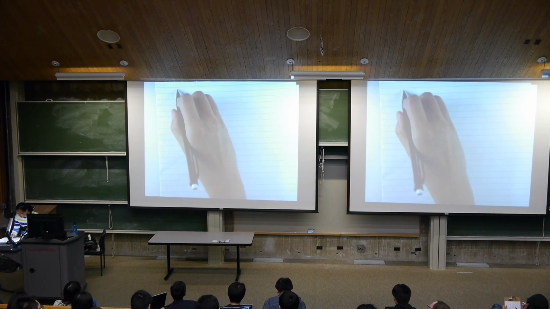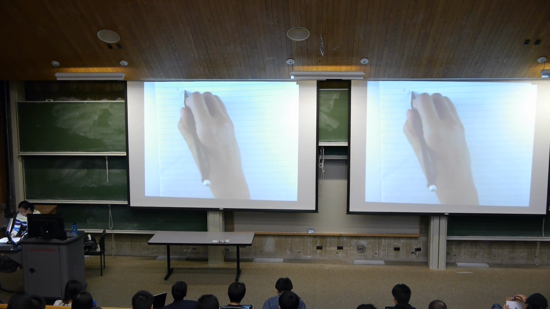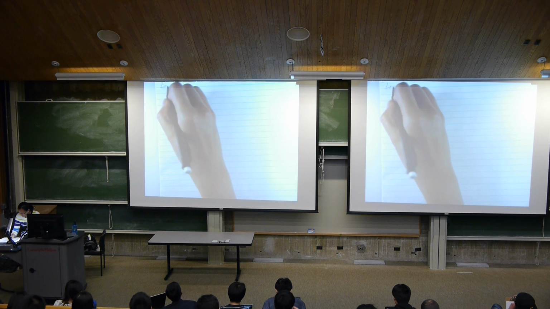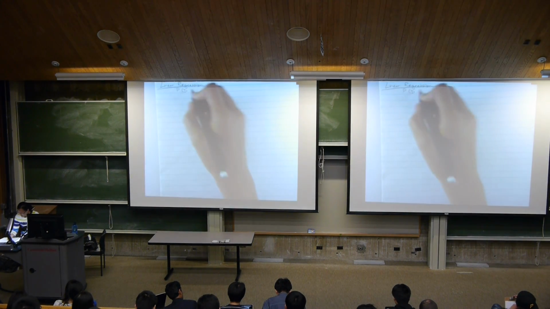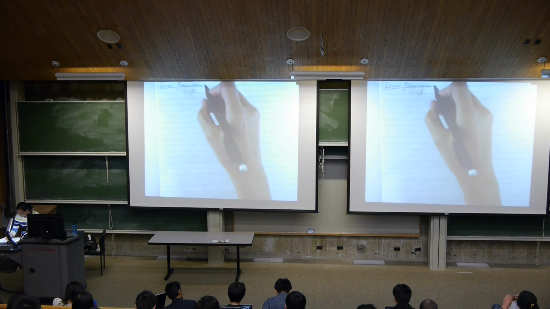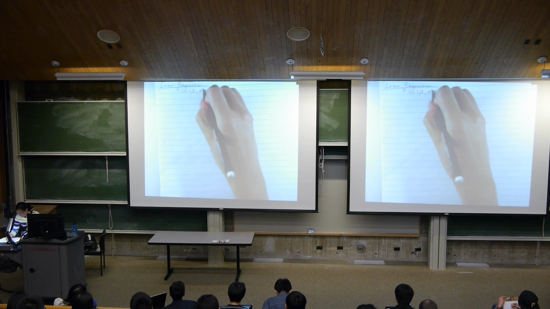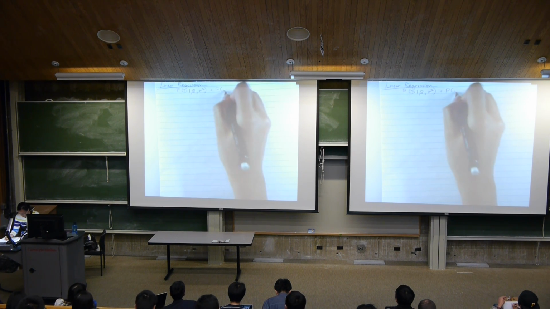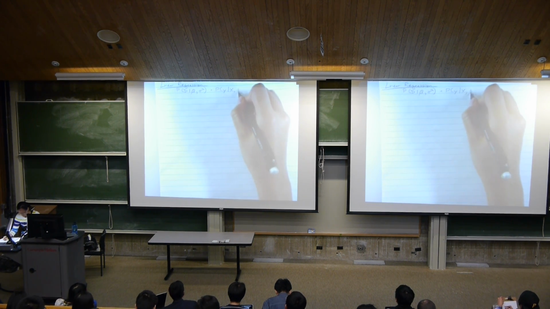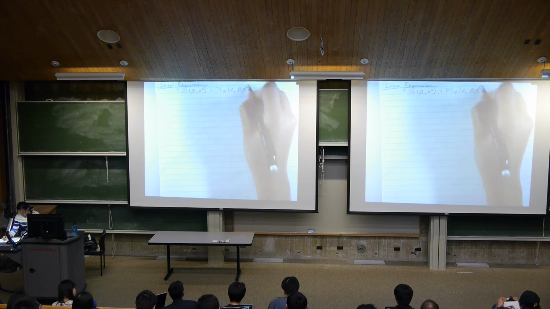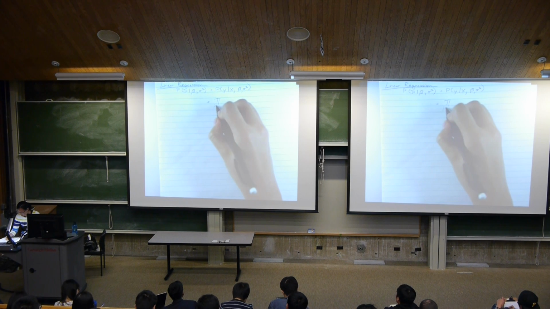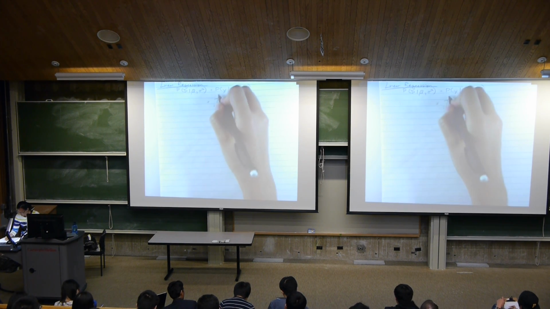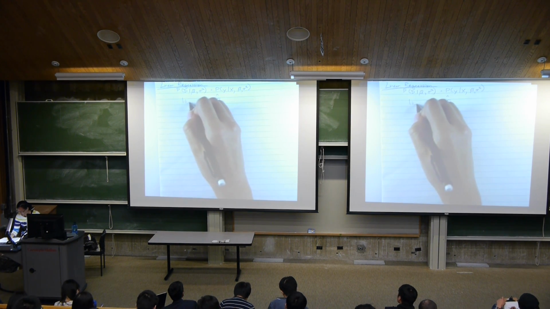So I'm going to write out the likelihood as the probability of the data given the parameters, and this is equal to the product. This is the likelihood here.